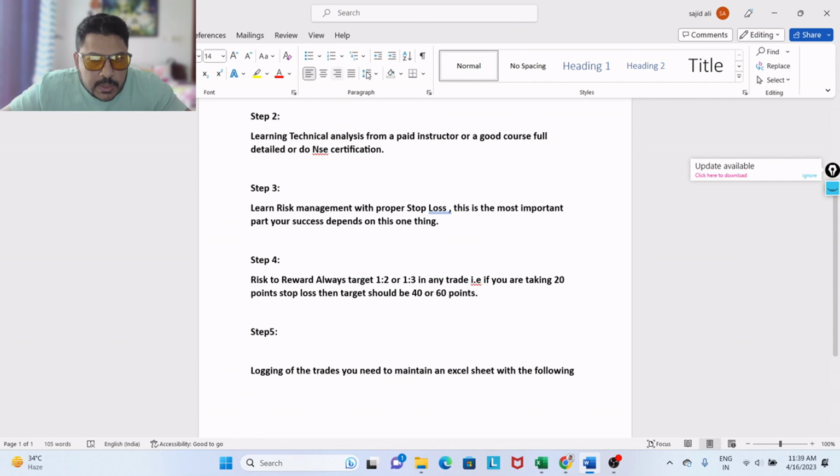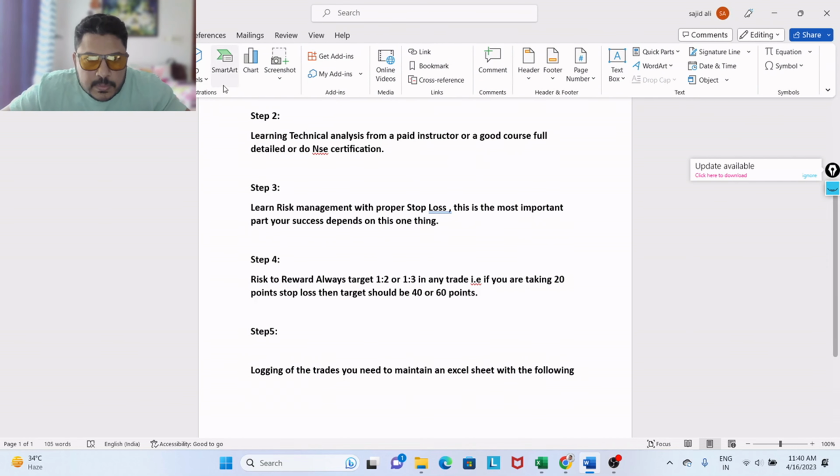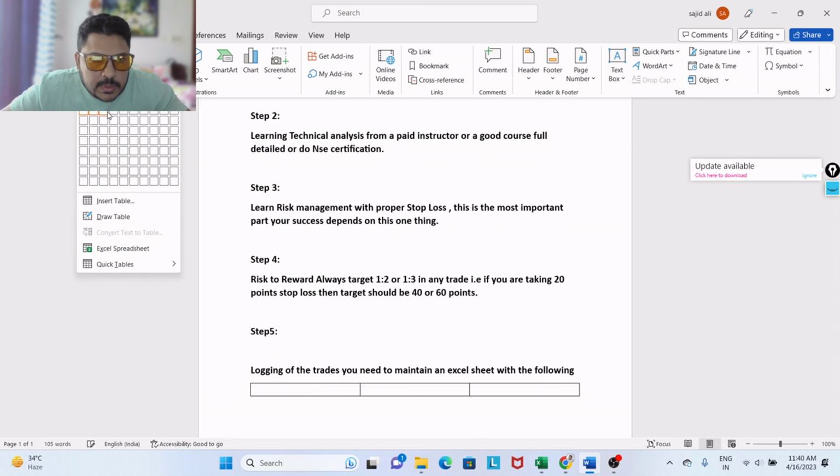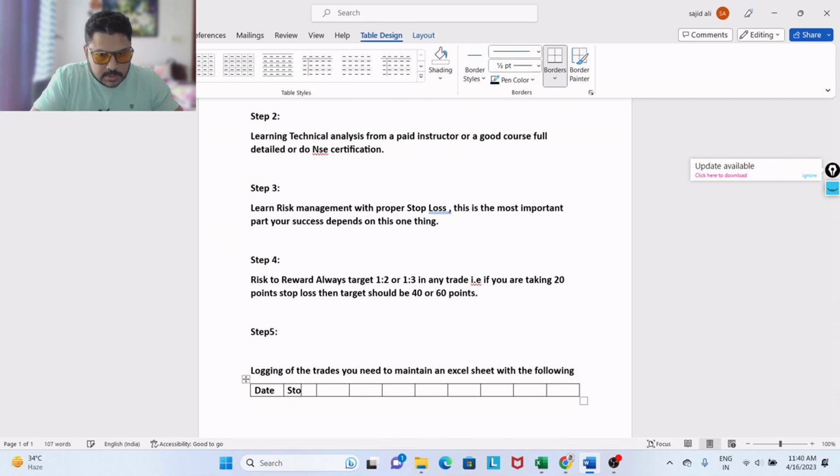Okay, what you need to do is create a simple table. Assume this. Okay, you should have date. You should have stock name or option name.